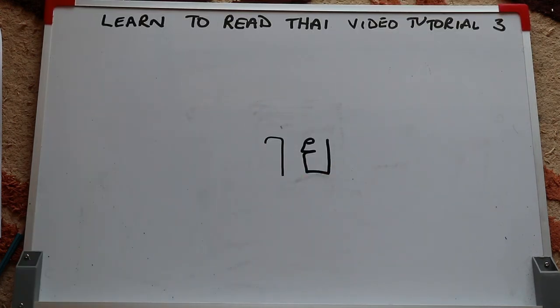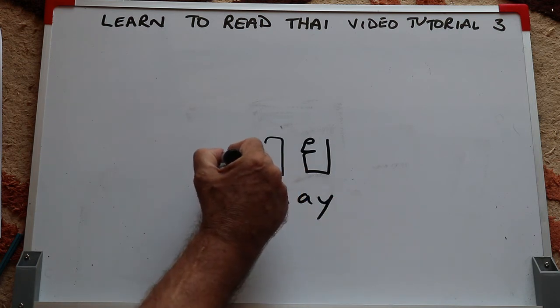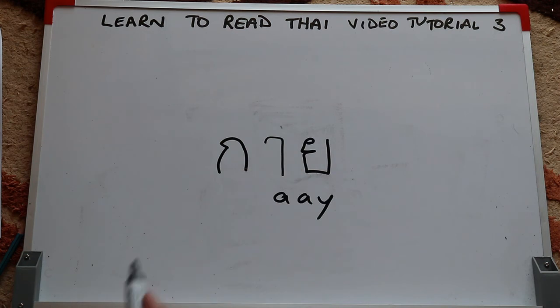So in front of the long I sound, we'll put the go guy again. Gai, gai. This word means body, but it's quite unusual. The word that is normally used is dua. And the reason for that is that Thai is almost like two languages.